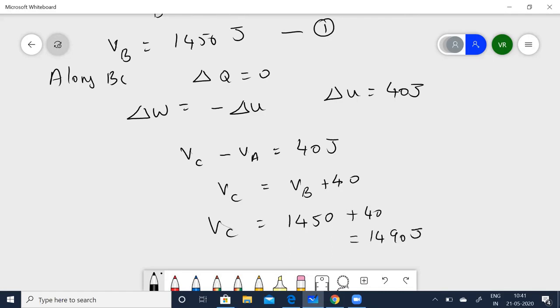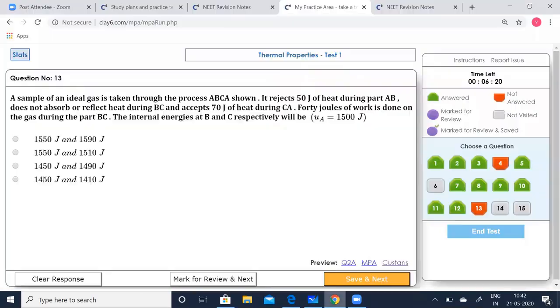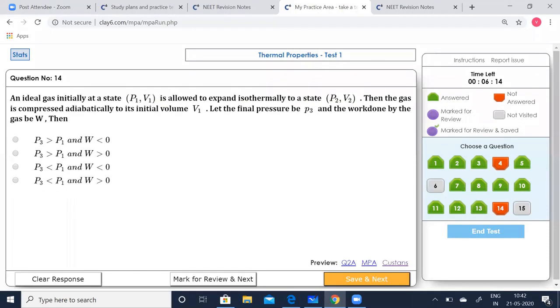So for VB it is 1450 and for VC it is 1490 joules. Let's see which option is correct. Yeah, option C is correct. Let's click that and go to the next.